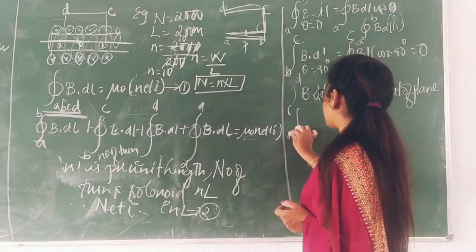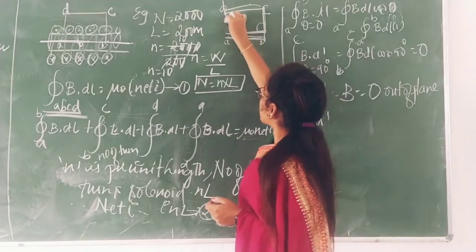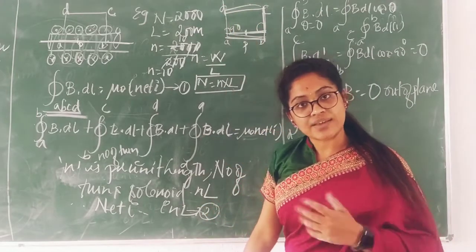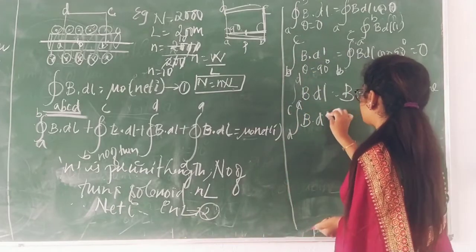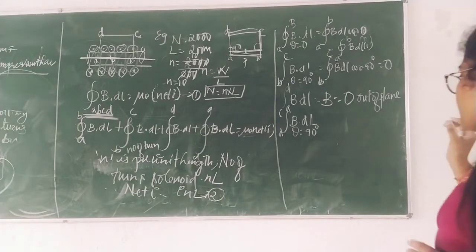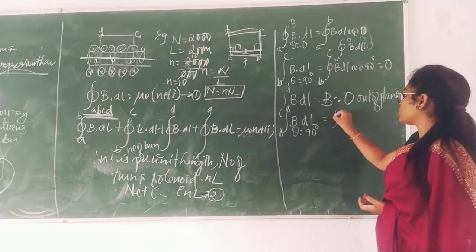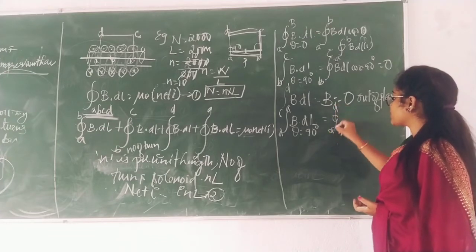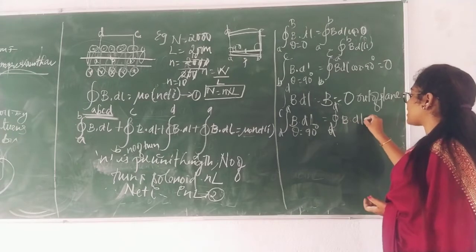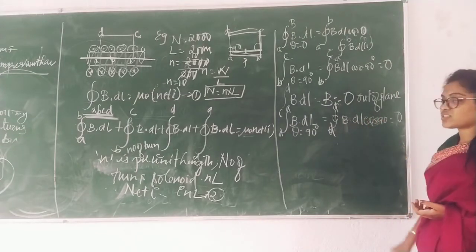Next, let me consider D to A, B dot dl. D to A means again what? This angle theta is 90. So, theta is equal to 90. Again, we know that the integral of D to A, B dot dl becomes 0 because cos 90 is 0.